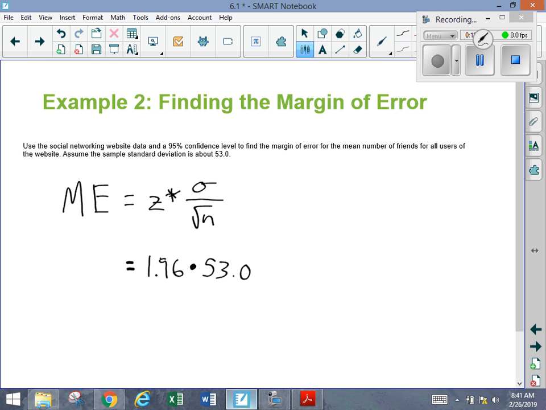So that's what they calculated, the sigma divided by square root. So we'll get 1.96 times 53, so our margin of error is going to be 103.88.